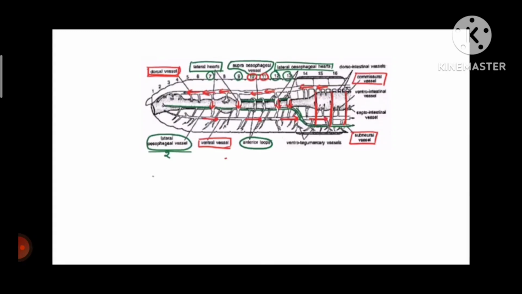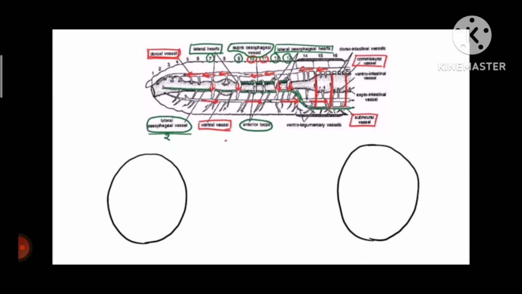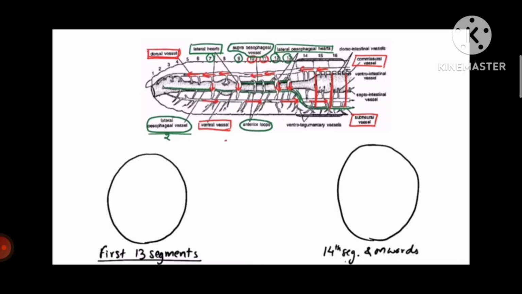Now, I am taking the cross section of earthworm. In first section, the blood circulation in first 13 segments will be generalized, and 14 segment and onwards in the second section.